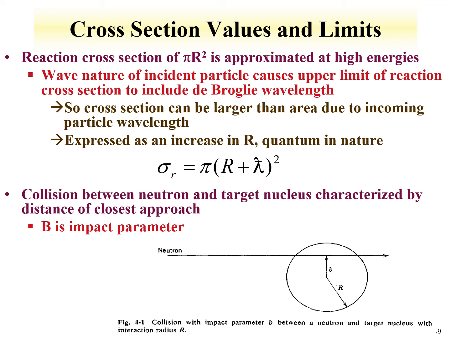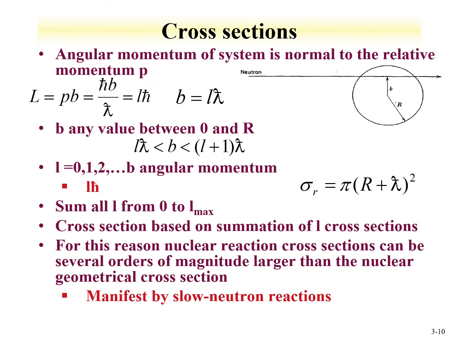So it's a term that we can evaluate and try to utilize to determine something about reaction probability. We can evaluate the cross-section using the impact parameter and the system angular momentum along with the de Broglie wavelength, where this impact parameter can now be replaced by this quantum term, the angular momentum, and the de Broglie wavelength of the particle.